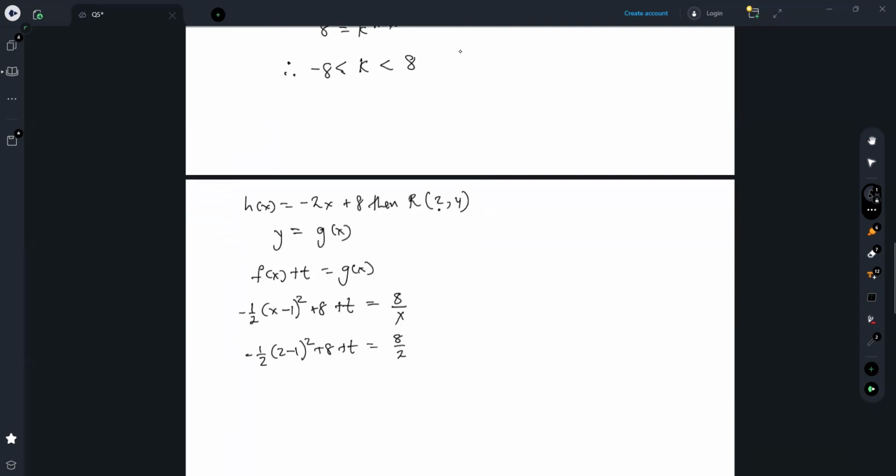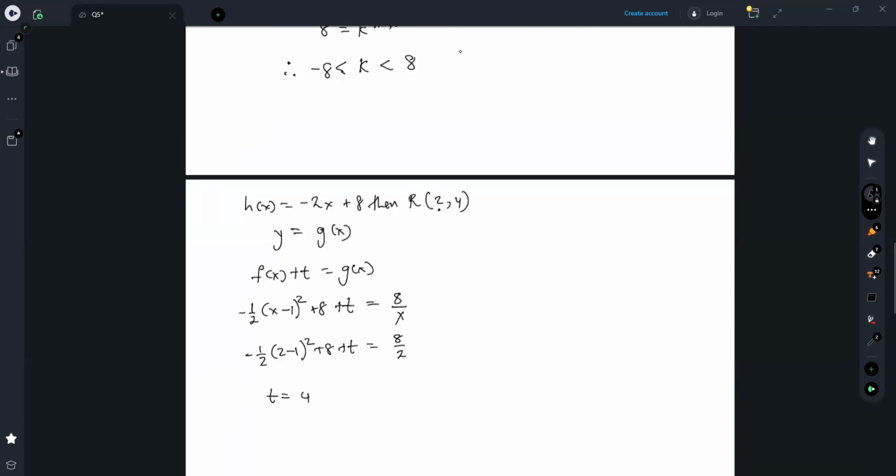So now I could take everything to the other side. Well, let's just first simplify this. What are we going to have here? We're going to have t. This 8 over 2 is going to become 4, right? And what are we going to have here? 2 minus 1 is 1. 1 squared is 1. Then you have 1 multiplied by negative half.